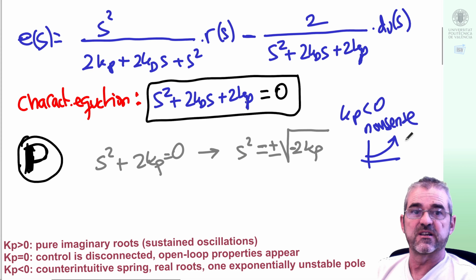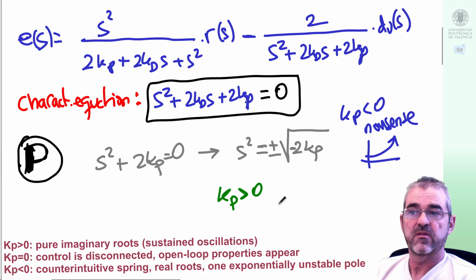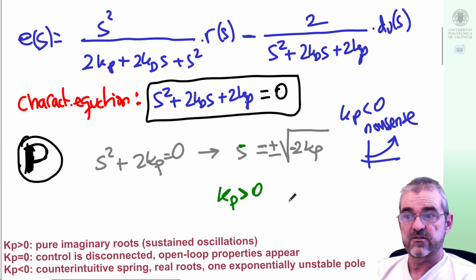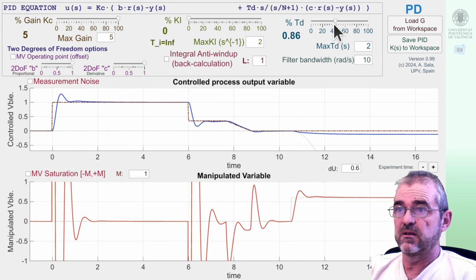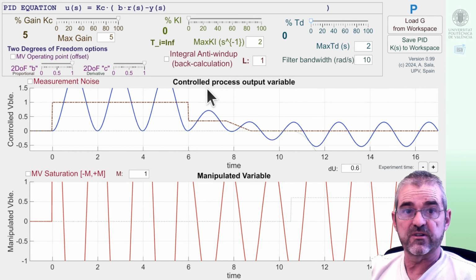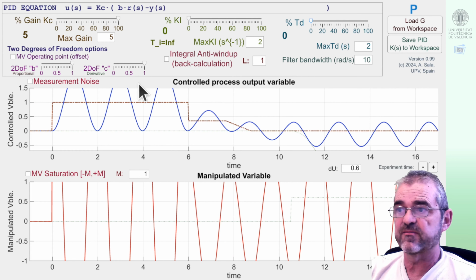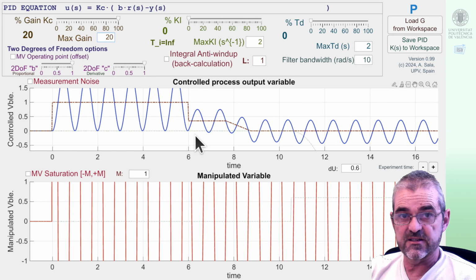It will have exponential instability, and if we set kp to a positive number, then this will be the square root of a negative, so the poles will be plus minus some beta, let's say, times the imaginary unit that I name j, and these imaginary poles correspond to persistent non-damped oscillations, and that is what we saw in our simulations of proportional control, these persistent oscillations, and their frequency was proportional to the square root of the gain, in the sense that with gain equal to 5, I get like 3 periods in 6 seconds, and if I multiply that by 4, I put 20, then I get 1, 2, 3, 4, 5, 6 periods in 6 seconds.